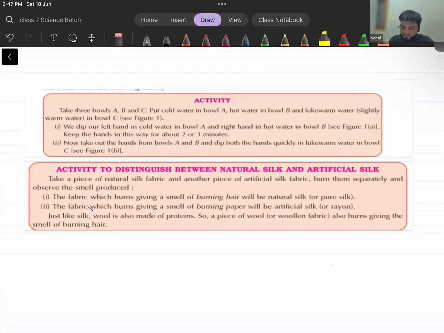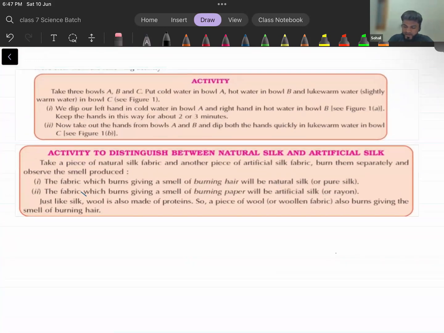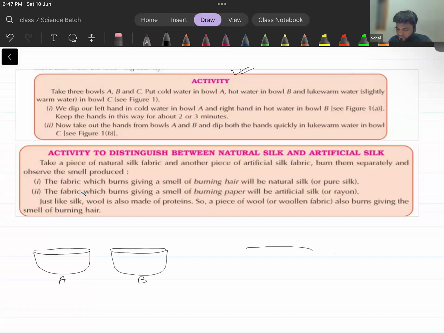Mafaz, can you read it? If it's visible, read this activity. Take three balls A, B, and C. Put cold water in bowl A, hot water in bowl B, and lukewarm water, slightly warm water in bowl C. See figure 1. We dip our left hand in cold water in bowl A and the right hand in hot water in bowl B. See figure 1A.